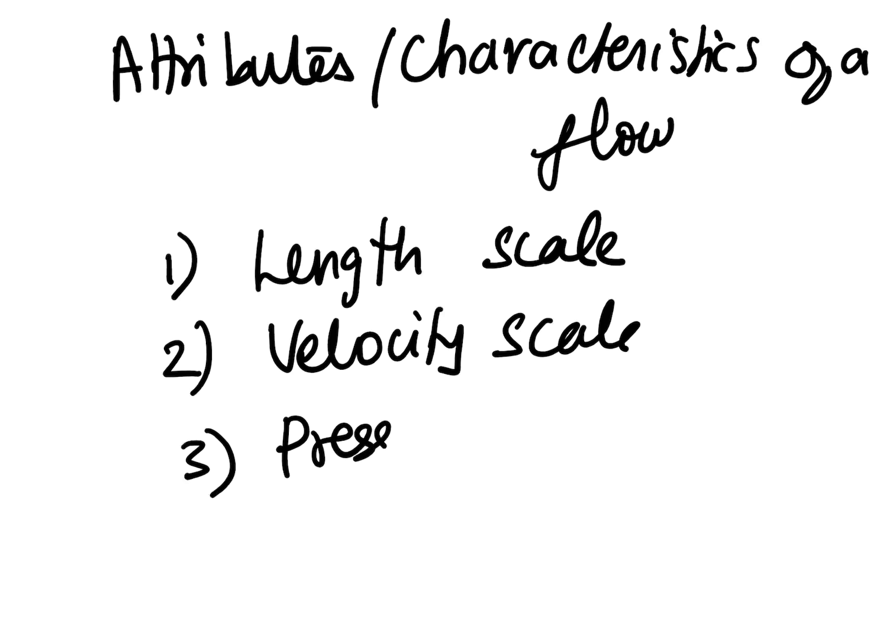And third is pressure. How much are you squeezing your fluid together? Is it high pressure, like in an explosion, or low pressure, like outer space where the pressure is really low? So these three are the important attributes that we'll discuss for every situation of flow that we encounter in this class.